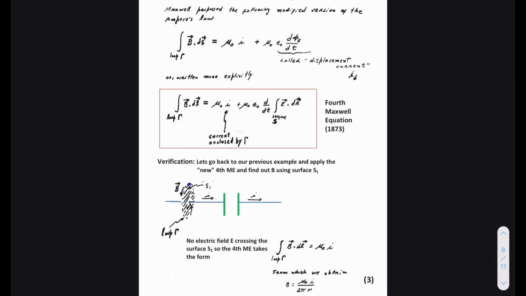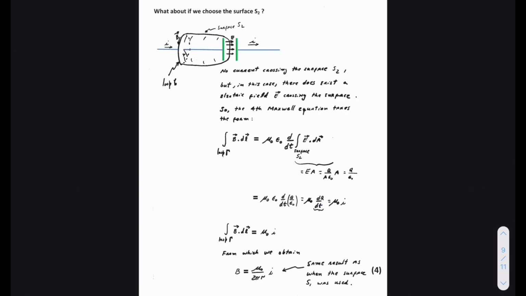Because when we consider this surface, there will be no displacement current, only this current I, and when we consider this surface, there will be no current I of this type, but the displacement current, which is actually equal to I. So let's check that second case here. So the line integral here is equal to the displacement current term.